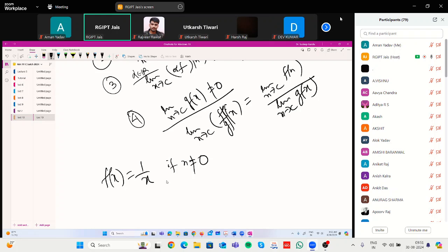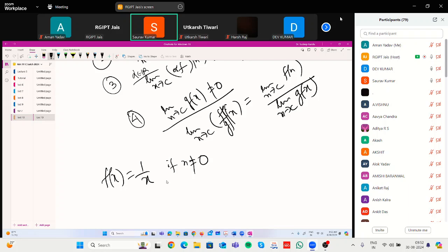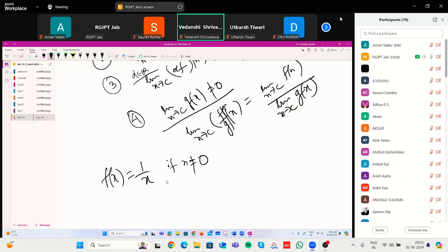At x equals 0, this limit does not exist. Why? Because it is not finite. f of 0 is not defined, but we don't care whether it is defined at x equals 0 or not. But why does the limit not exist at x equals 0?